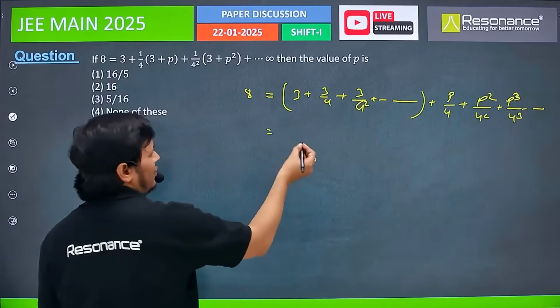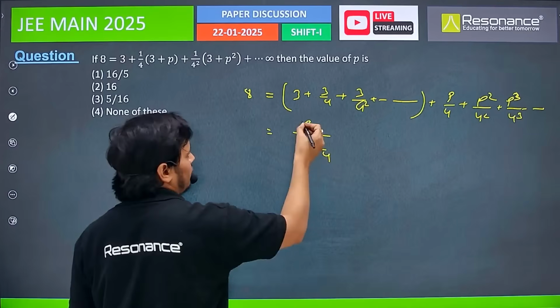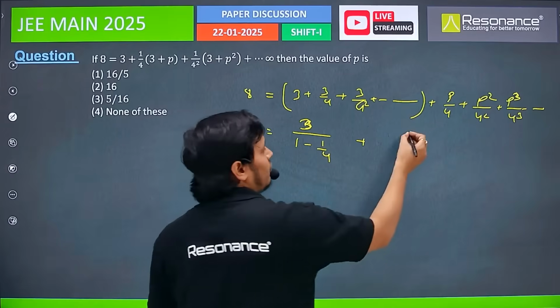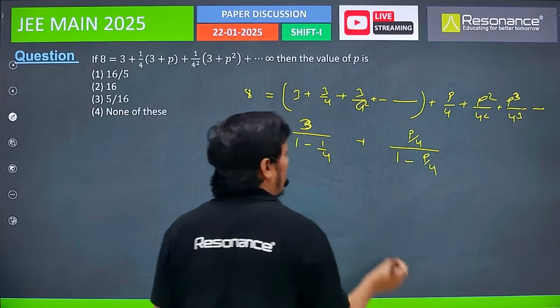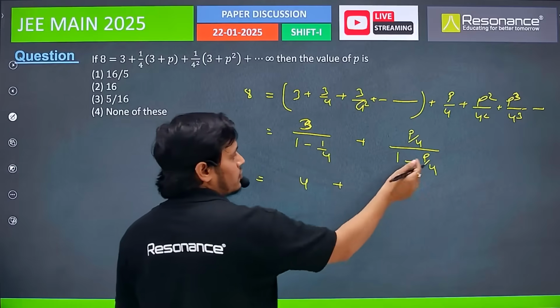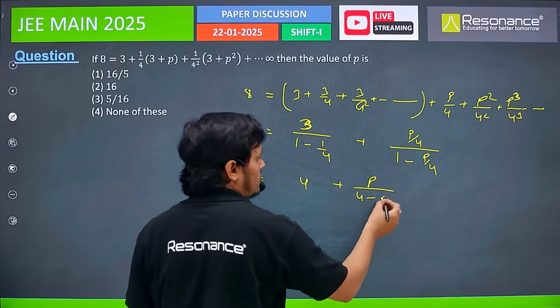Here it is an infinite GP, a by 1 minus r. r is 1 by 4, a is 3. Again, this is also an infinite GP, a by 1 minus r. a is p by 4, r is also p by 4. This one is 3 by 4 minus 1, 3, 3 cancel; this one is 4 minus p by 4, 4, 4 cancel, so p by 4 minus p.